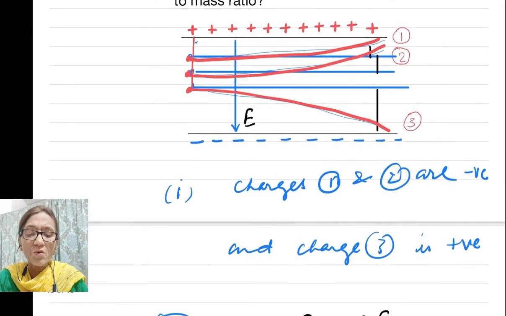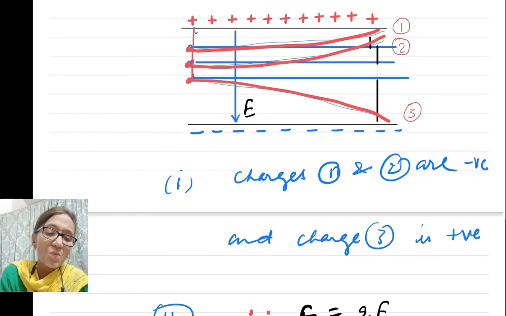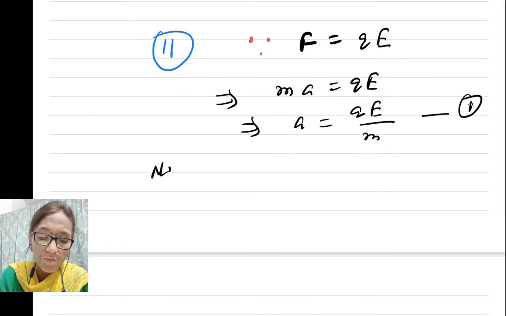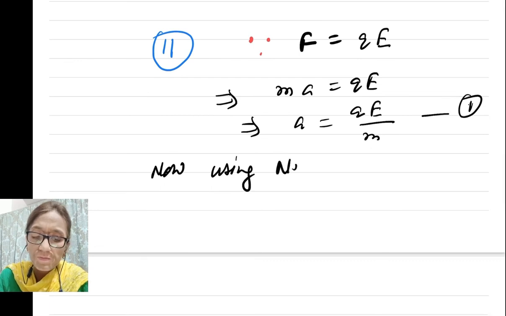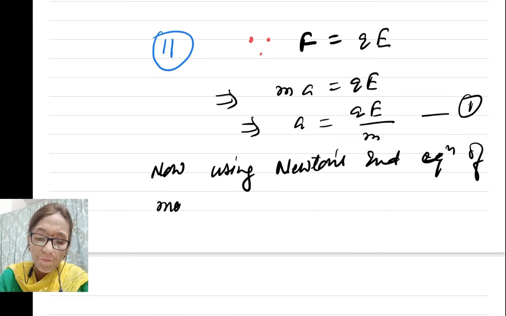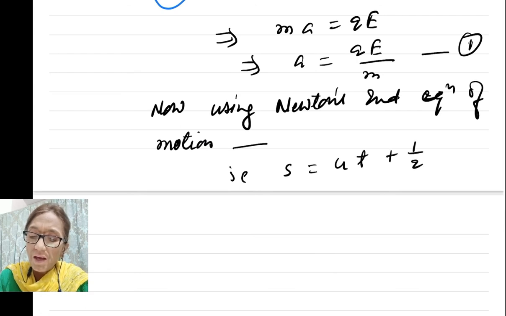Now we can apply Newton's equations of motion, because when acceleration is uniform, you can apply Newton's equations of motion. So on applying Newton's second equation of motion, that is S is equal to ut plus half at square.